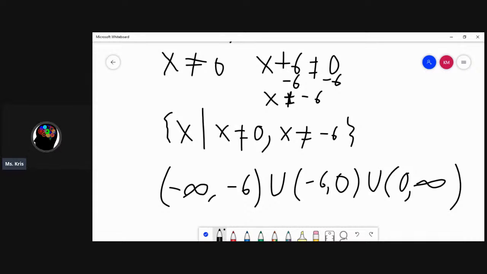This is why you have 3 unions. Any questions on this part about set interval notation and finding out when your graph is undefined?